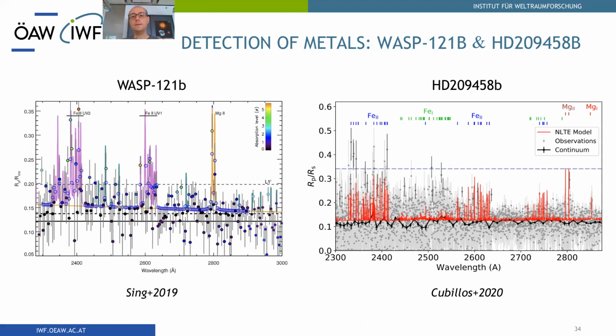But the plot on the right-hand side shows that iron 2 has been detected also in the upper atmosphere of more classical hot Jupiters like HD 209458b, and therefore not so extreme. In this case, magnesium has not been detected, and it is believed that most likely this is because the magnesium is trapped in the lower atmosphere and inside clouds.